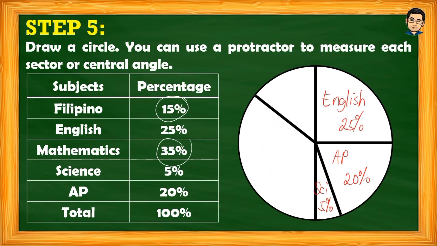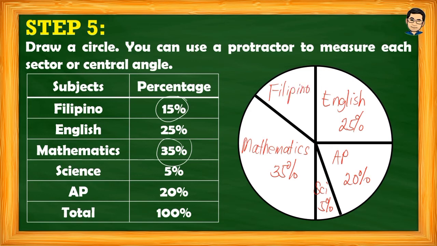Syempre, yung 35%, lumagpas siya dun sa kalahati nung 50%. Dito po natin ilalagay yung mathematics, kasi may pinakamalaking portion siya, which is 35%. And then, yung sa Filipino naman, dito siya.